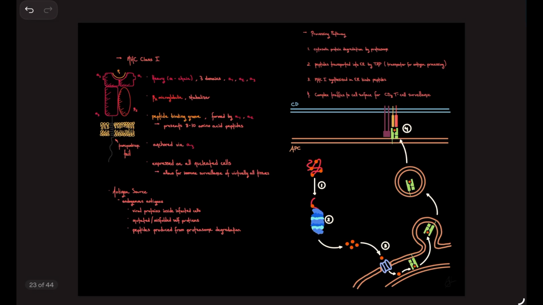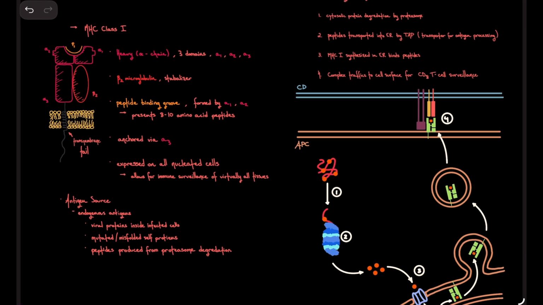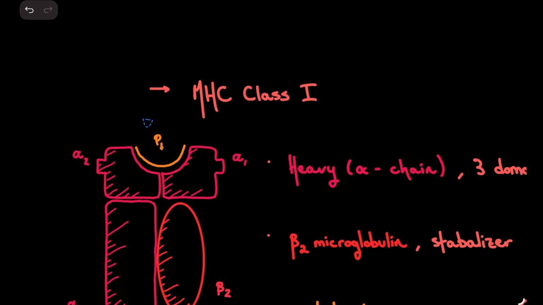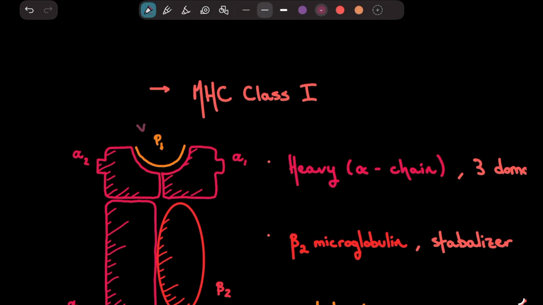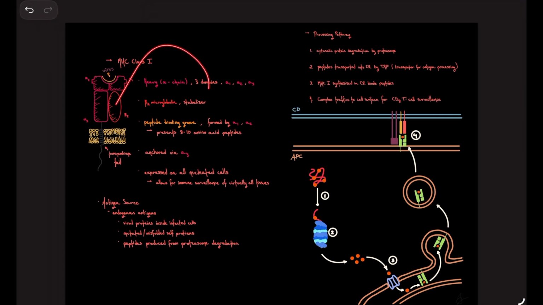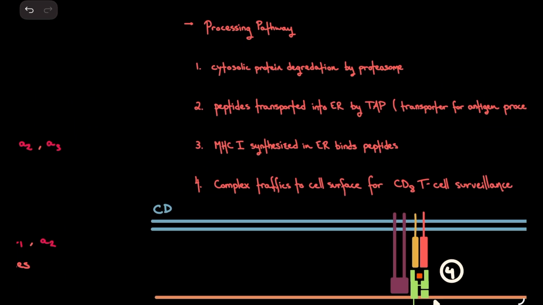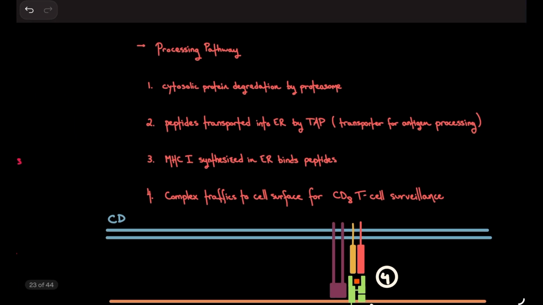All right. Moving on. So let's talk about how we put that little virus nougat on the MHC. So all this stuff is the same, but we're talking about the processing pathway now. So we get protein degradation by the proteasome. That's just one of your organelles that breaks down proteins.